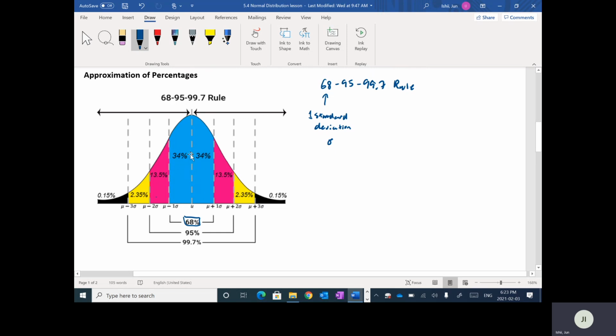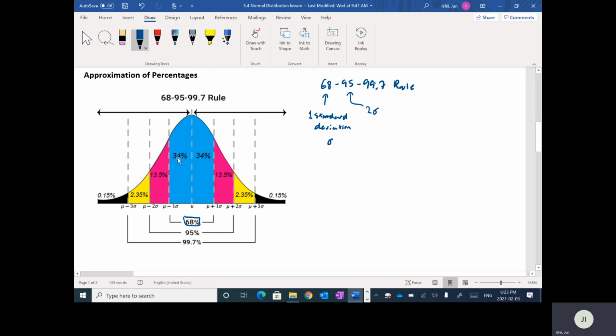Within 2 standard deviations, I'm just going to write 2 standard deviations like that, you're going to have 95% of the population. What you notice along the bottom here is it says the mean minus 1 standard deviation, mean minus 2 standard deviations. So if I took the measurements from 2 standard deviations less to 2 standard deviations more, these 4 sections here should add up to 95%.